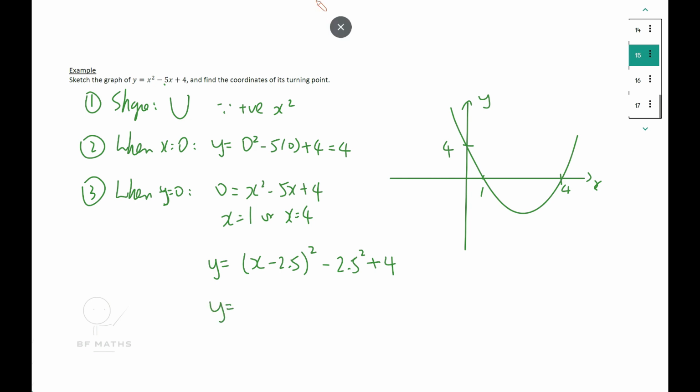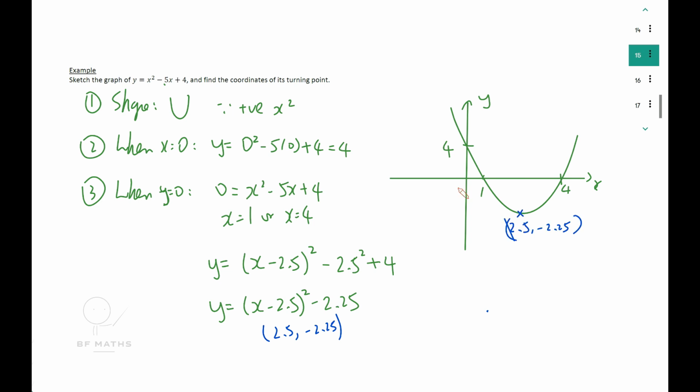So y equals (x minus 2.5) squared minus 2.25. This one has no bracket because we always square the number and then we minus it. So this point is 2.5, minus 2.25. That's the minimum point, so we'll put it there, which makes a lot of sense.